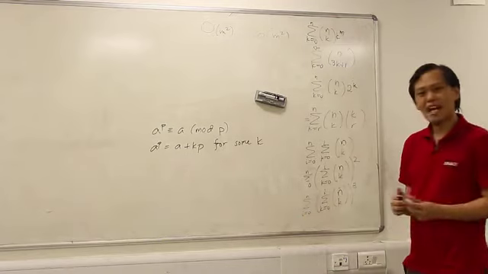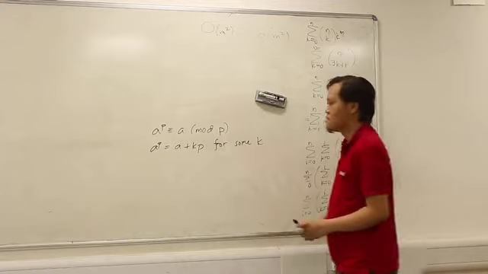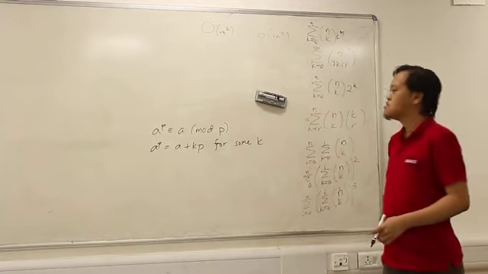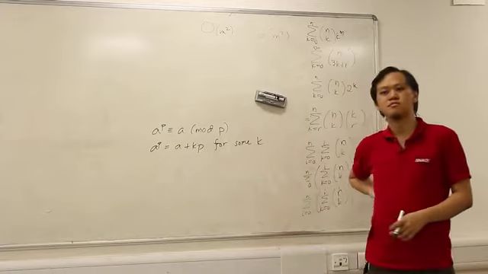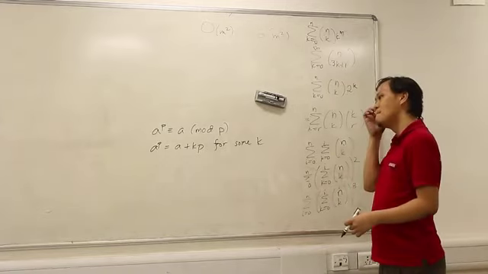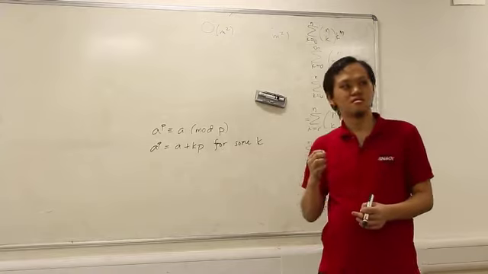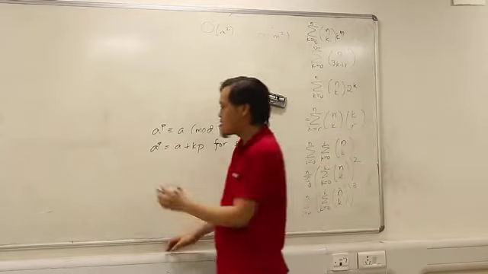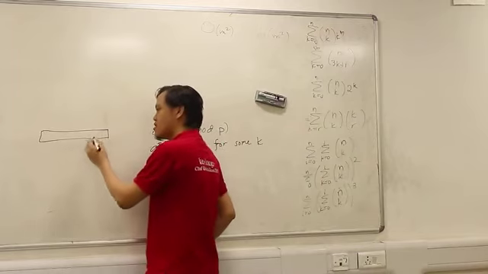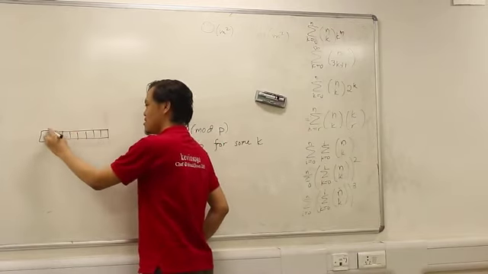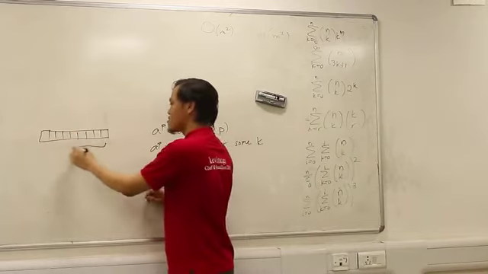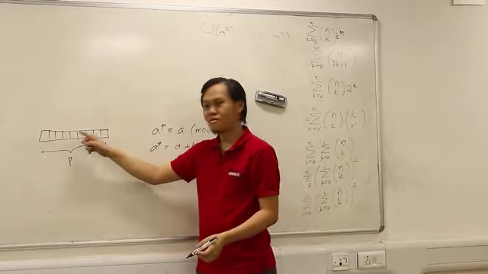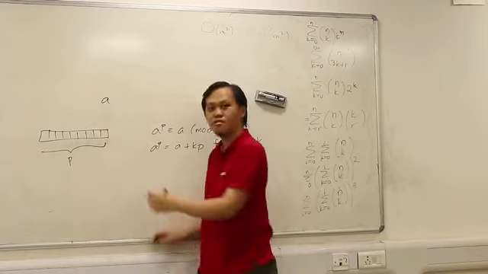So what are we counting exactly? So what we're counting is, given p cells, we want to color each of them with up to a colors.